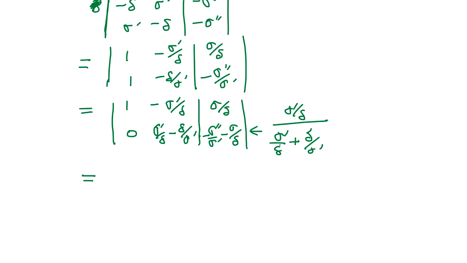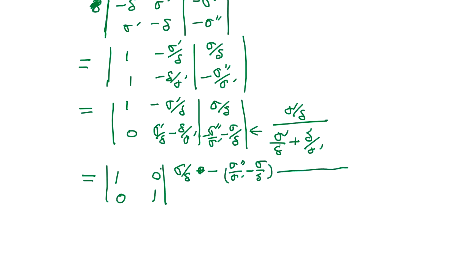Then it's going to be the same, then we can add it. So it's going to be 0, 1, delta, plus actually minus sigma prime sigma minus sigma delta and this guy.